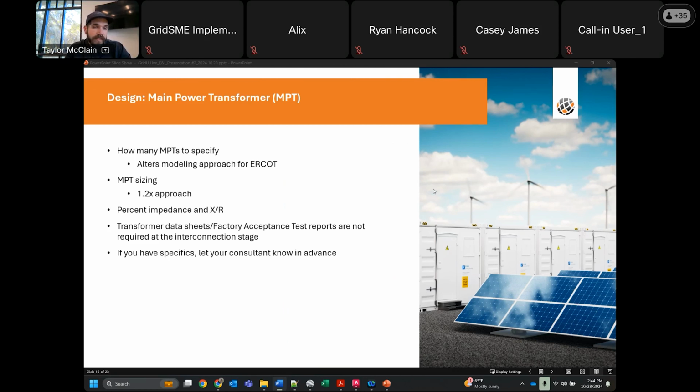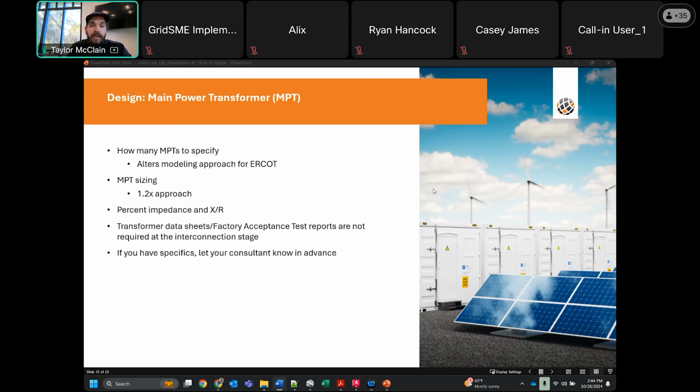One thing to think about and to make sure that your consultant knows as well: if you are going with multiple main power transformers in certain areas, this will alter your modeling approach. ERCOT will not allow you to model your medium voltage bus as being shared for all of your power transformers, which means that even if you have a model that could be done as a single equivalent with 4 main power transformers, you now need to have 4 equivalent models for each of the feeds off of each of the transformers.